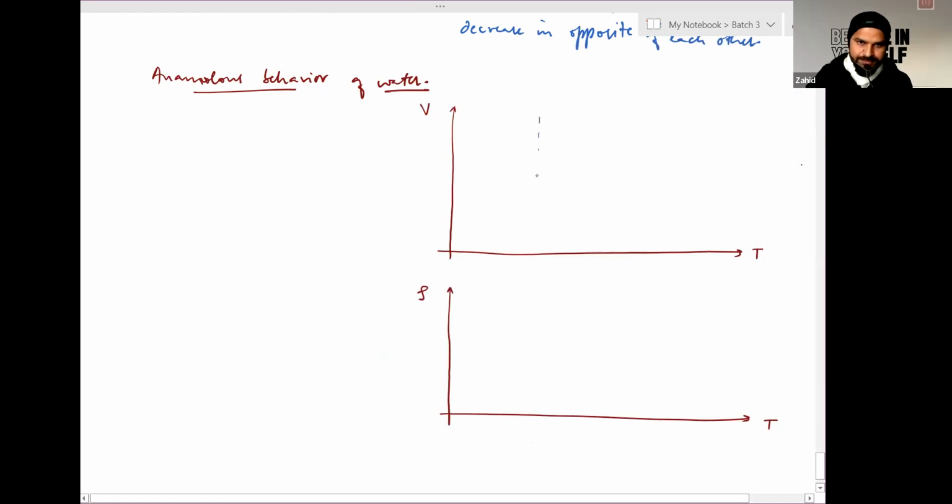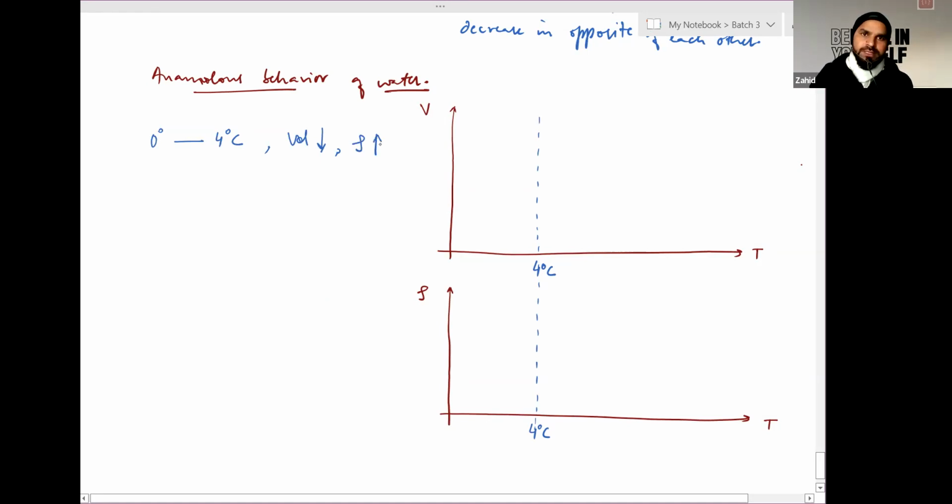Suppose you draw a vertical line at this particular point, let's say 4 degrees Celsius. On going from 0 degrees Celsius to 4 degrees Celsius, the volume of water will decrease and the density of water will increase.